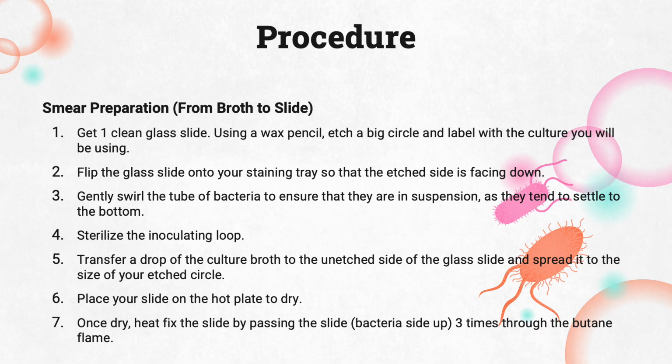We sterilized the inoculating loop, then transferred a drop of the culture broth to the unetched side of the glass slide and spread it to the size of our etched circle on the back side. We then placed our slide on the hot plate to dry. Once dry, we heat fixed the slide by passing it 3 times through the butane flame.